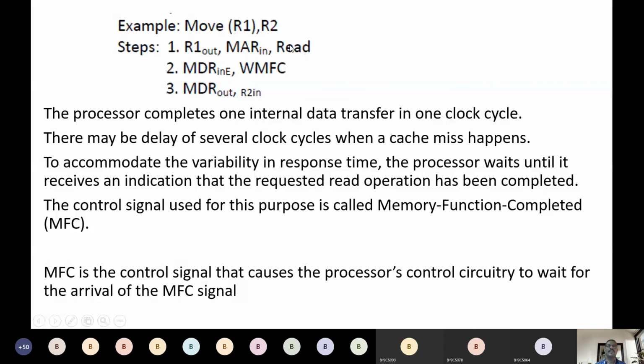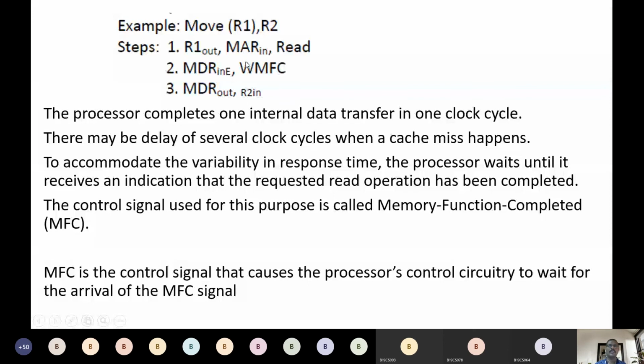Whatever data is sent from main memory is stored in MDR by making the in signal enable. So the MDR received the data from main memory.